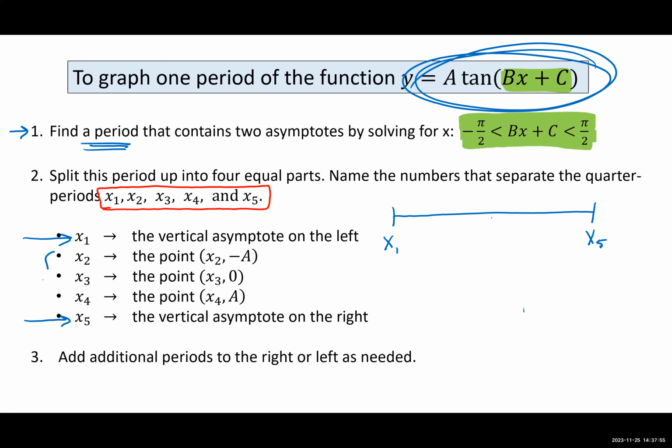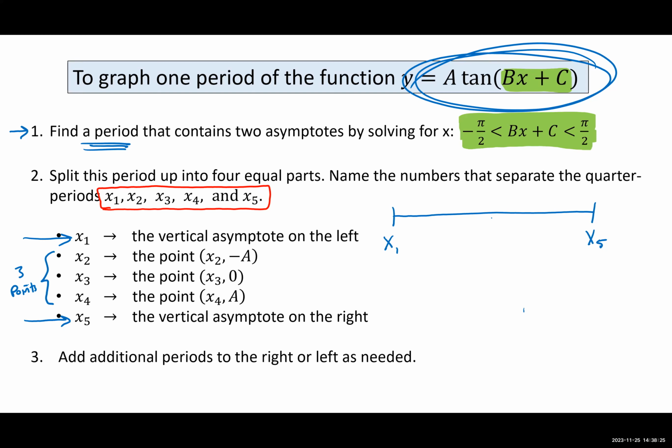And then we've got 3 points on the graph, and that's going to correspond to the change in amplitude. So instead of those points we graphed in the previous couple of slides, negative pi over 4 comma negative 1 and positive pi over 4 comma positive 1, there might be a vertical stretch.